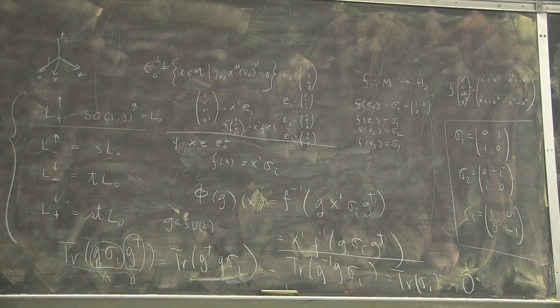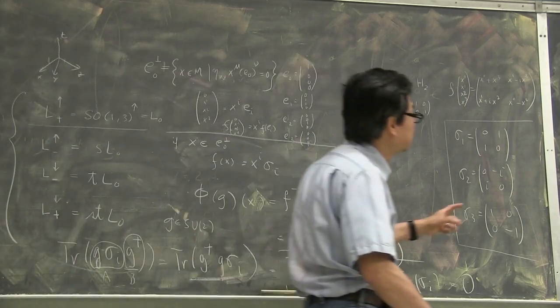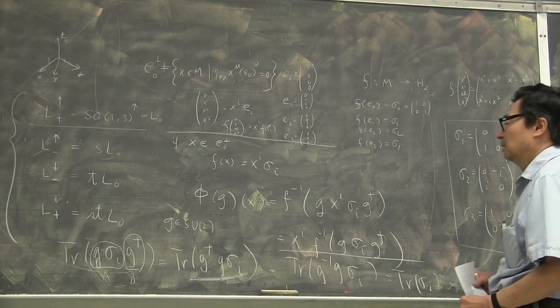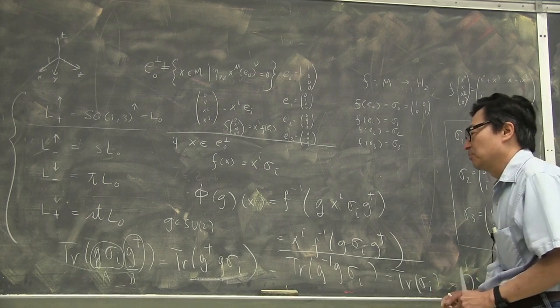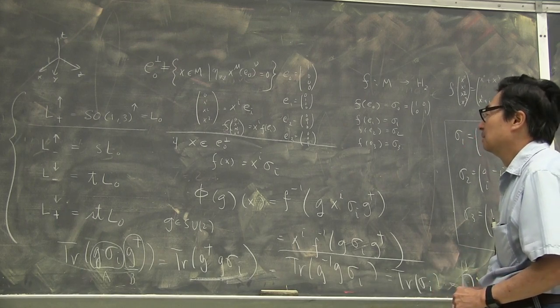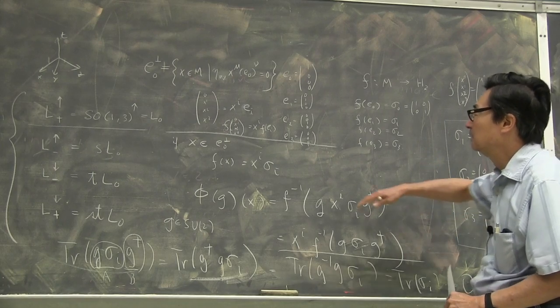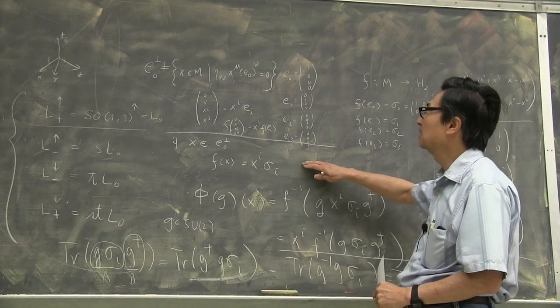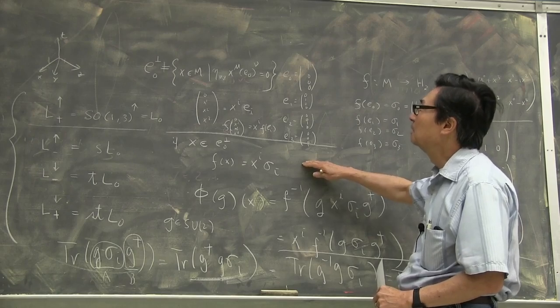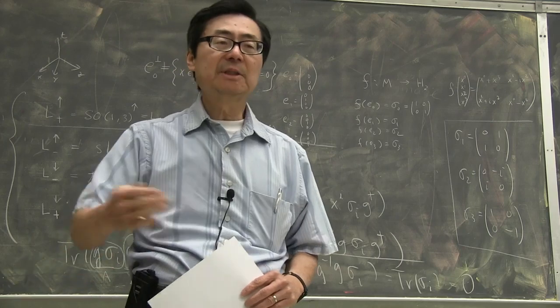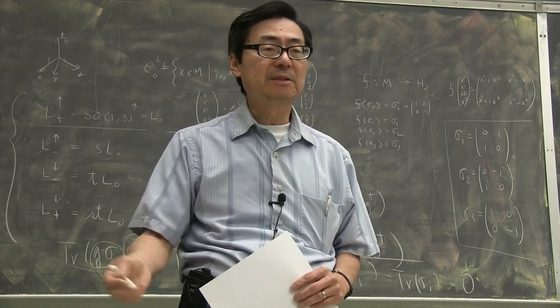So in other words, you use the image under this homomorphism of something inside of SU2, the particular Lorentz transformation that results not only does not change the time axis, but it leaves the vector that it acts on within that same orthogonal subspace.